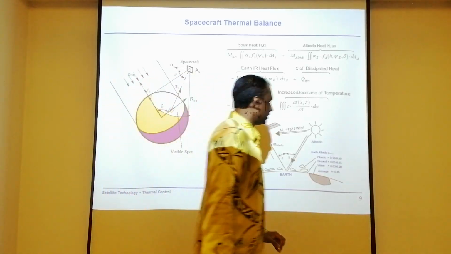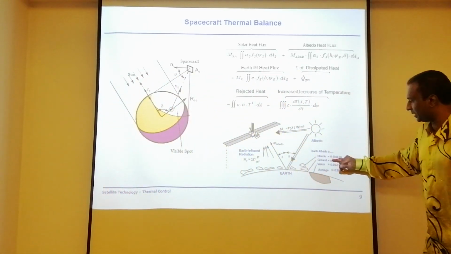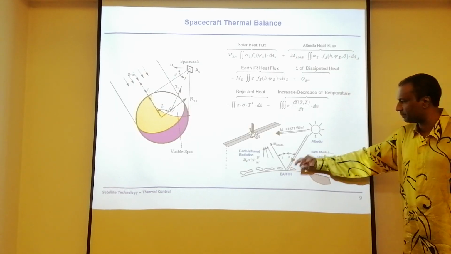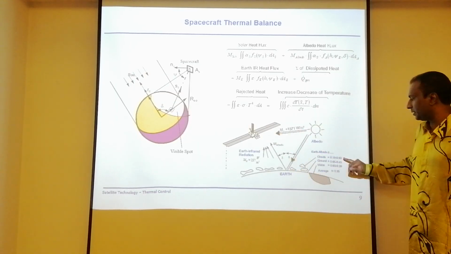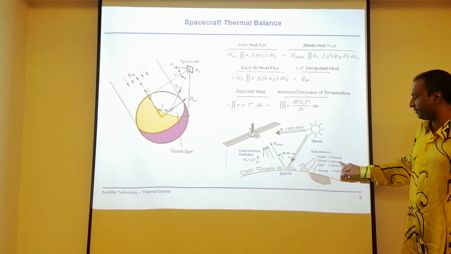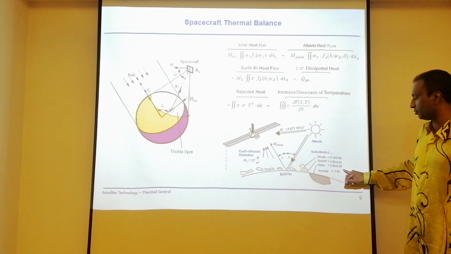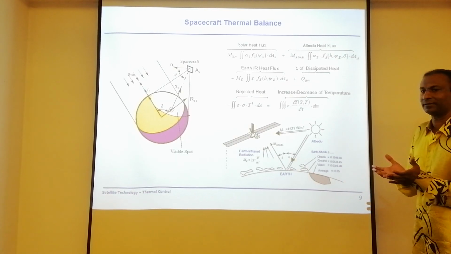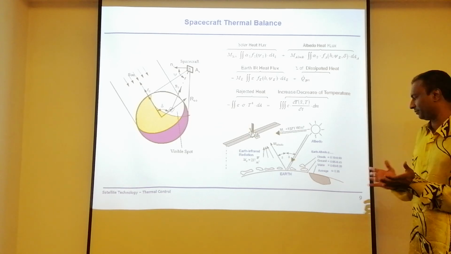Now, if you look at these clouds, you have different albedo. When you have clouds, the reflection is basically not much. Then you have ground, you have water. So these are the actual reflecting parameters of albedo.